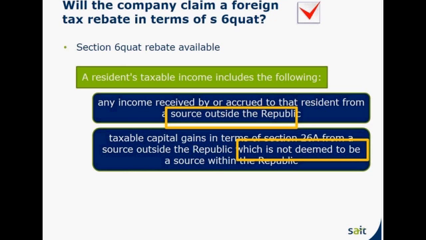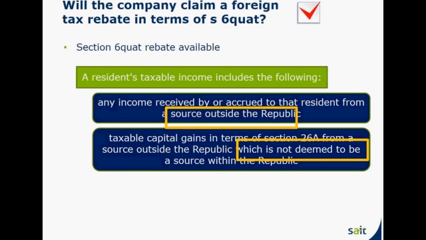Now, in a lot of cases, the double tax agreement with South Africa may tax the income, but other countries could also tax the income, which doesn't necessarily resolve the issue of double tax. So that's the reason we've got Section 6 quat included in the Income Tax Act. Section 6 says that a resident's taxable income includes the following: any amount received or accrued to that resident from a source outside of the Republic, foreign source income, including your taxable income.